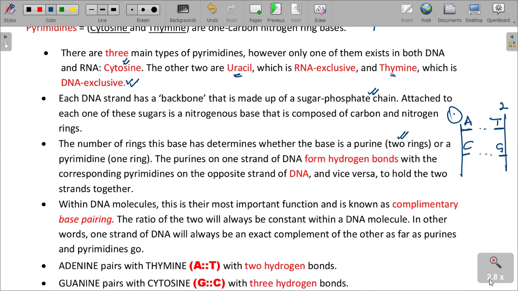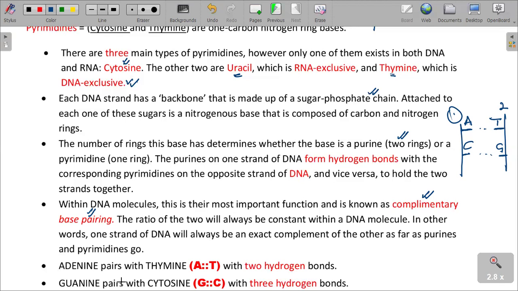So within DNA molecules it must be known that bases always pair complementarily, one class of nitrogen bases pairing to the other class, according to the classes I have just pointed out.